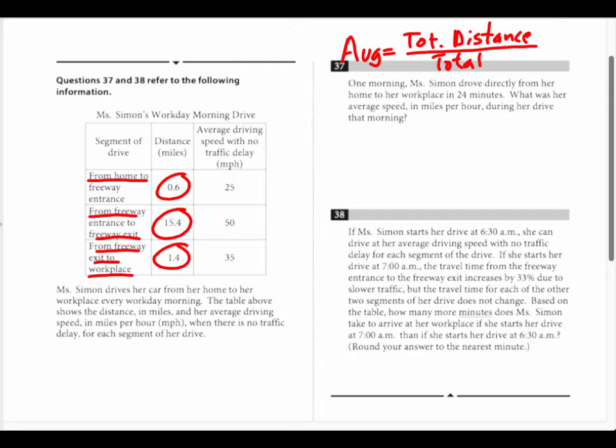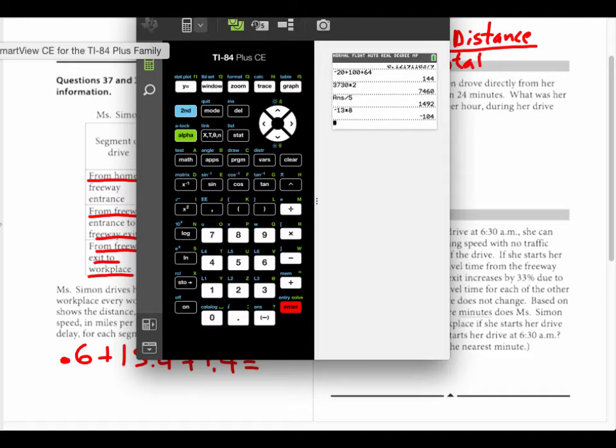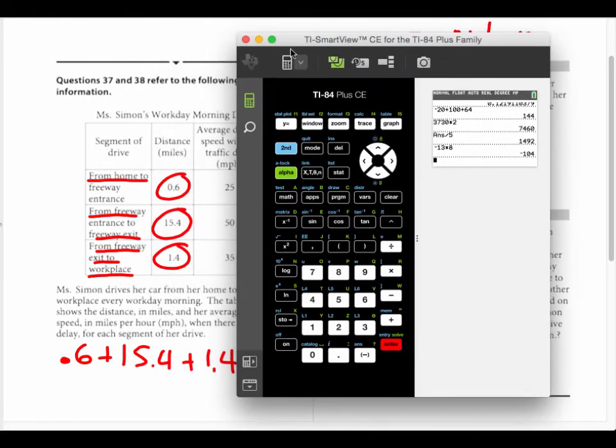So her total distance was 0.6 plus, I'm going to write it down here, 0.6 plus 15.4 plus 1.4. If I add that up on my calculator, I'm going to move this over a little bit so I can see all my numbers.